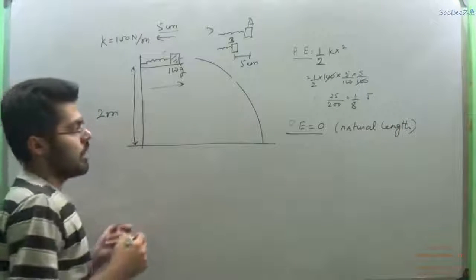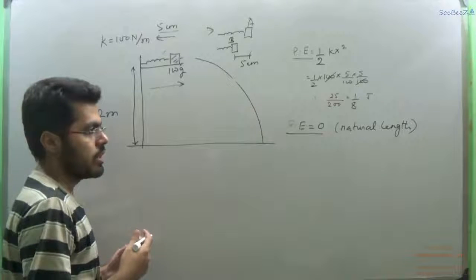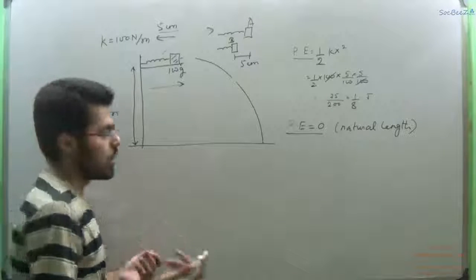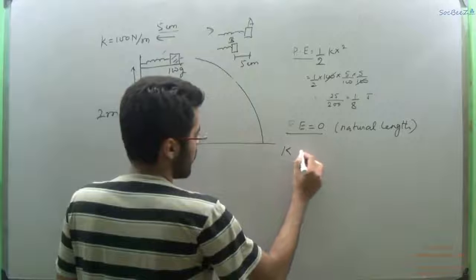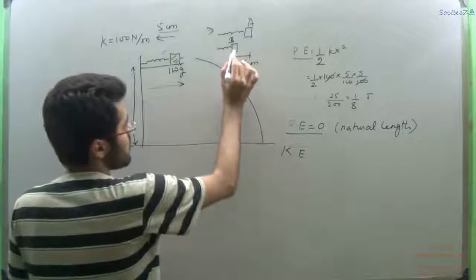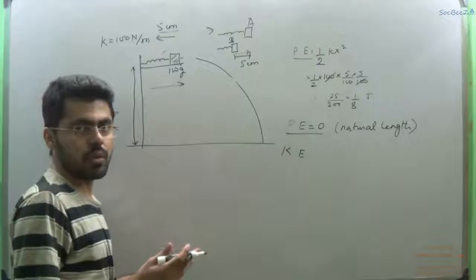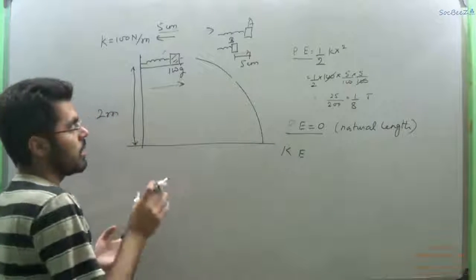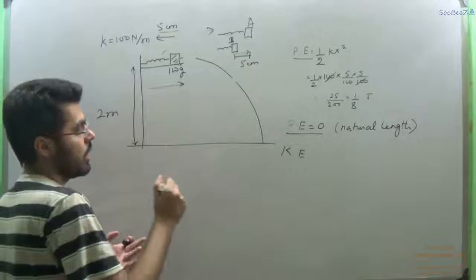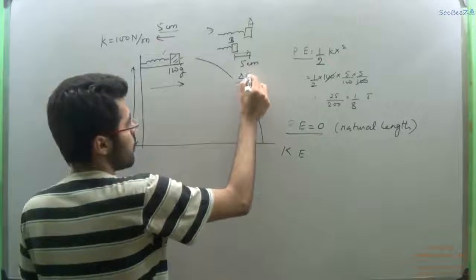So if the potential energy is 0, it means potential energy has been transferred to what? To kinetic energy. Because when the object is coming back from B to A, there is no external force. It means during the path from B to A, delta E is 0.